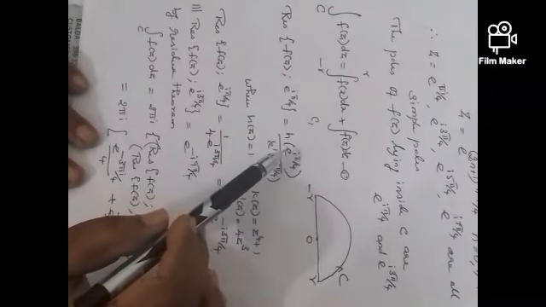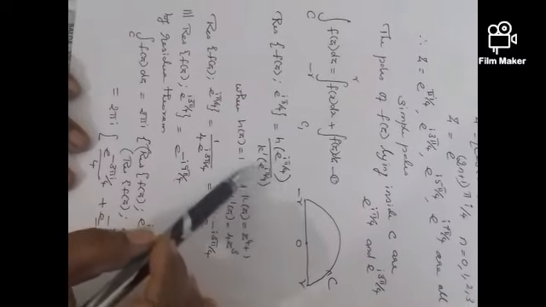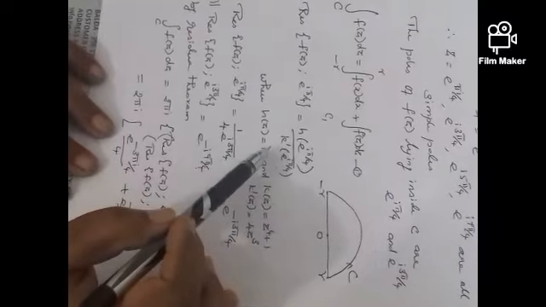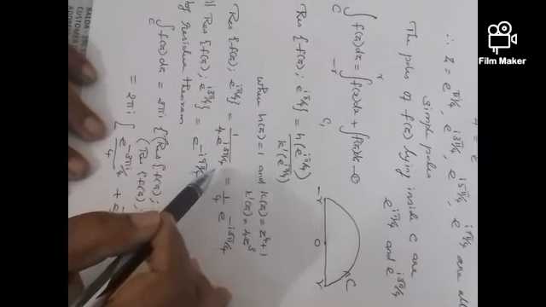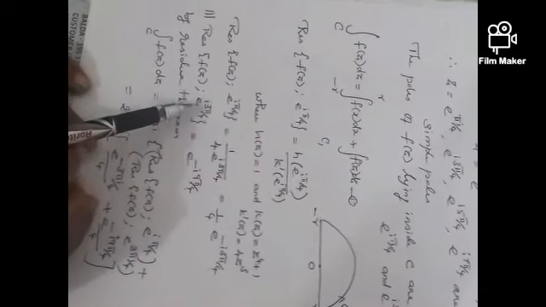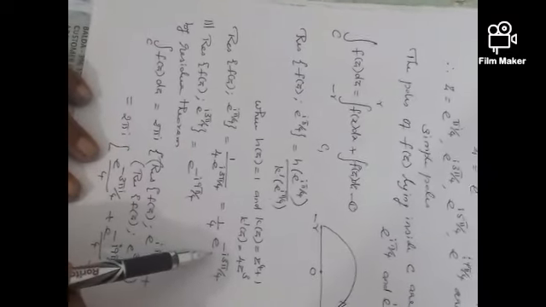At that point, h of e power i pi by 4 is 1, and k dash of e power i pi by 4 is 4 e power i 3 pi by 4. So the residue is 1 by 4 e power minus i 3 pi by 4. Similarly, the residue of f of z at the point e power i 3 pi by 4 is e power minus i 9 pi by 4 by 4.